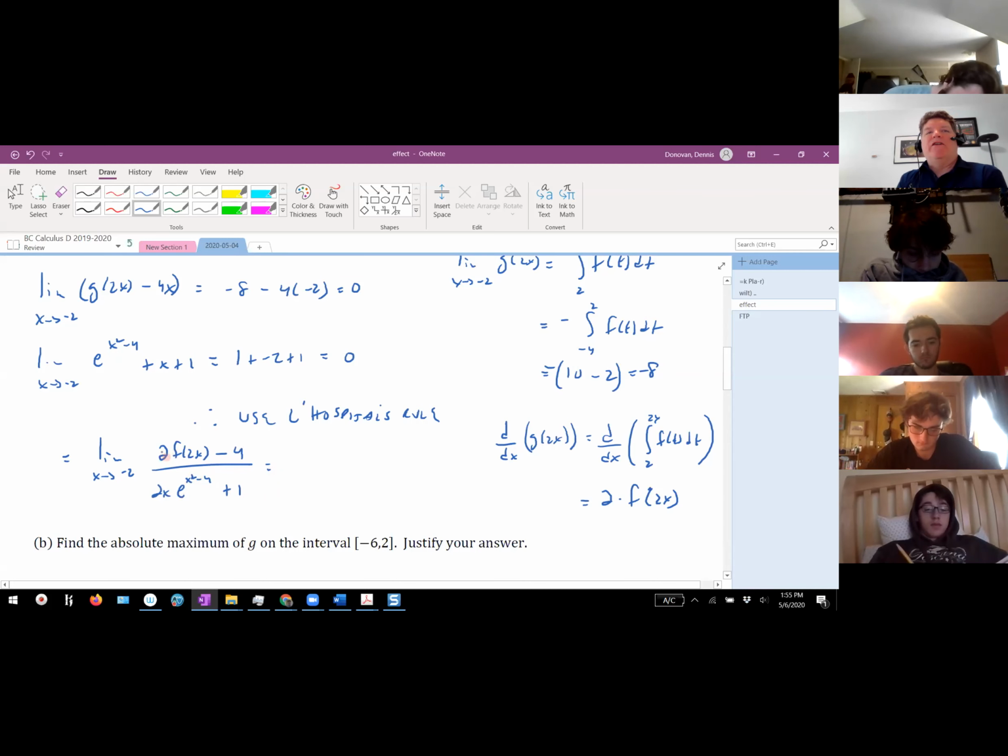So what's happening to 2f of 2x as x goes to negative 2? Well, the argument is going to negative 4, isn't it? So what's happening to f as you're approaching negative 4?